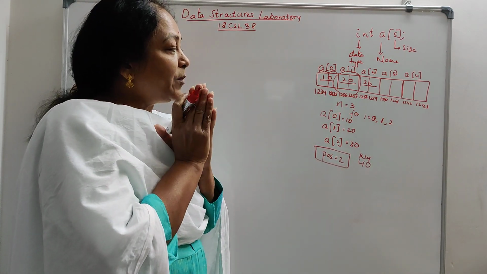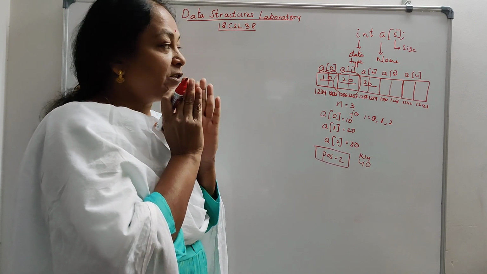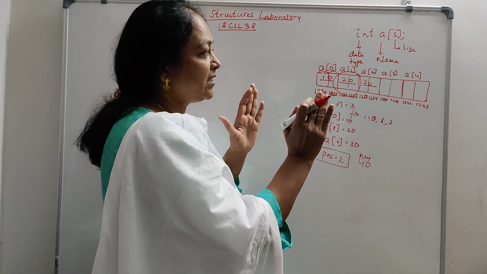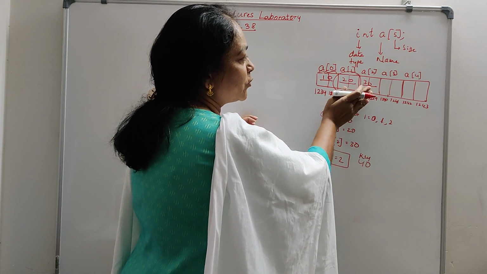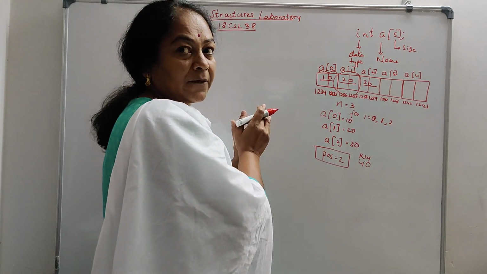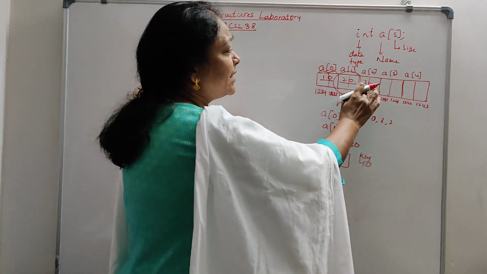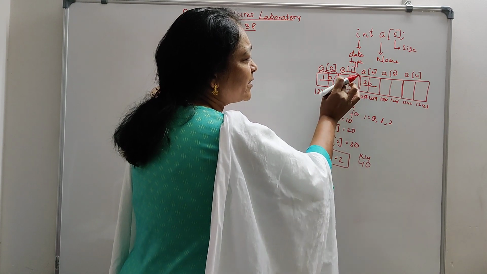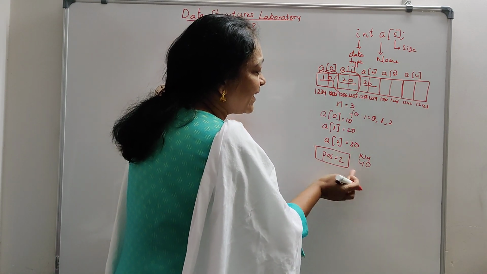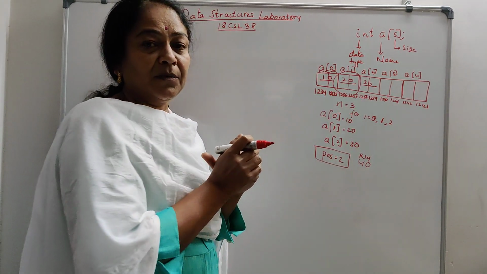For that purpose, I need to shift all the elements. These two elements, this and this, should be shifted. So this 30 should be shifted here, 20 should be shifted here. Then only the space will be created here and I can enter this into this particular position.